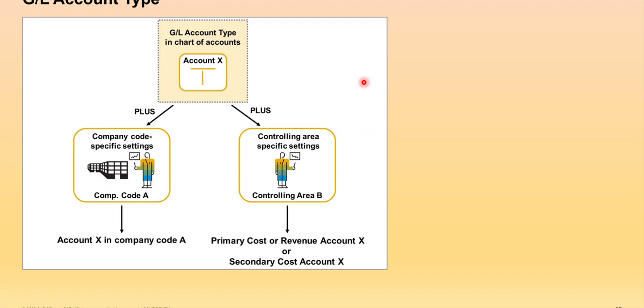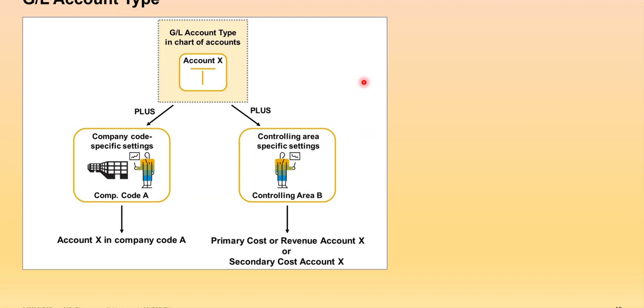GL account types: non-operating expense or income. Income statement account that records expense or gains from activities that are not part of the main purpose of the company, such as gain realized from financial investment by a manufacturing company. Primary costs or revenue is income statement account that functions as a cost element for primary cost or revenue.